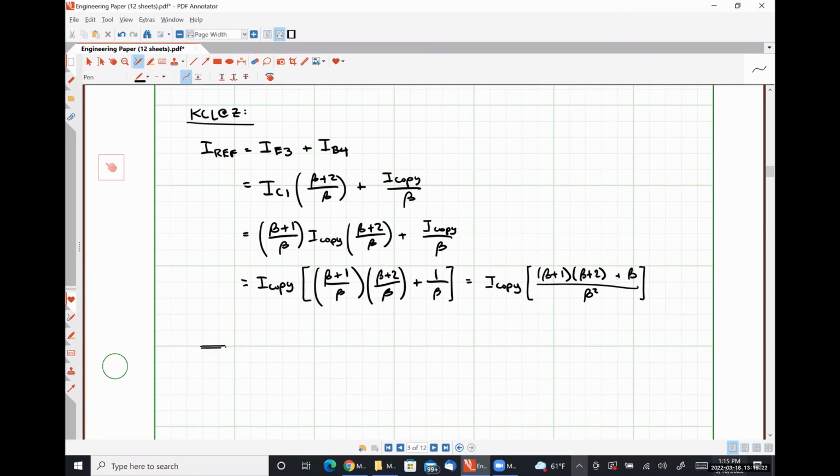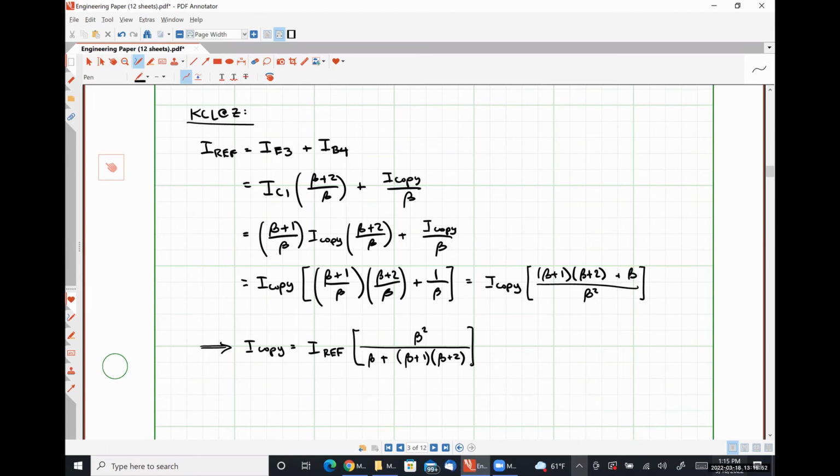And from this, I copy is IREF times beta squared over beta plus 1 times beta plus 2.